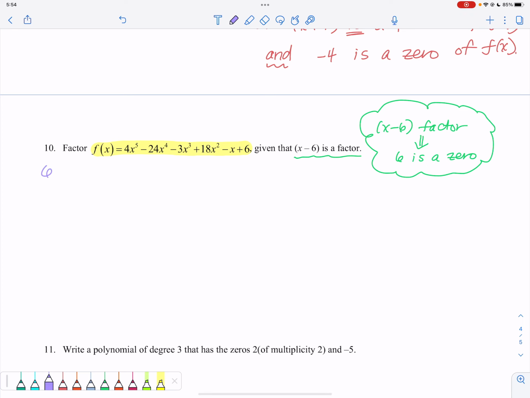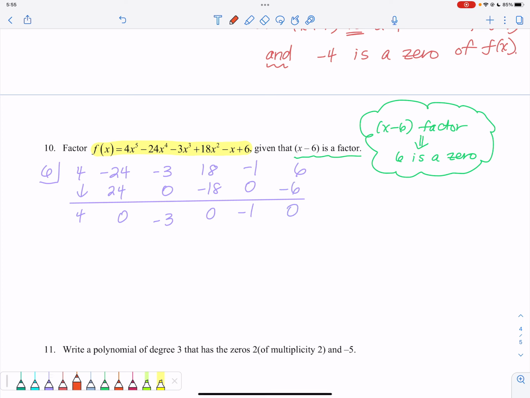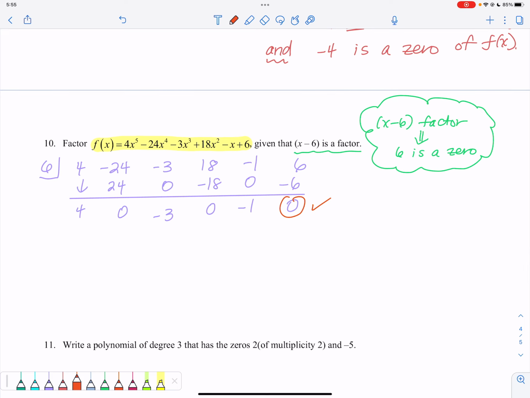When we put 6 in the box, we write 4, negative 24, negative 3, 18, negative 1, and 6. Drop that 4, and then do your synthetic division. And as you can see, we expected that remainder to be a 0.